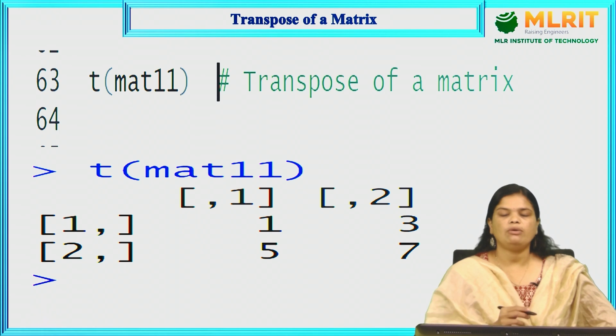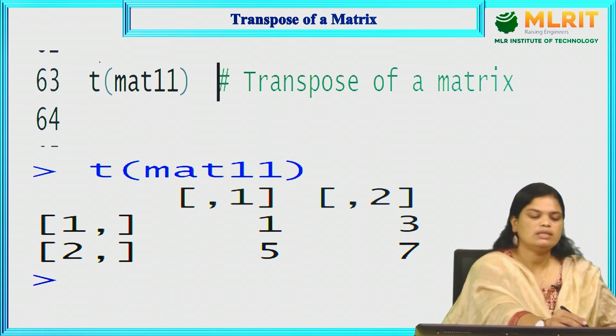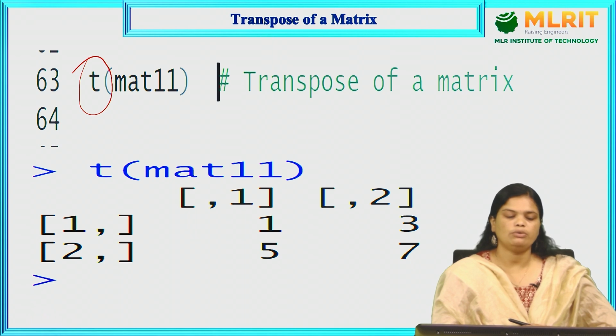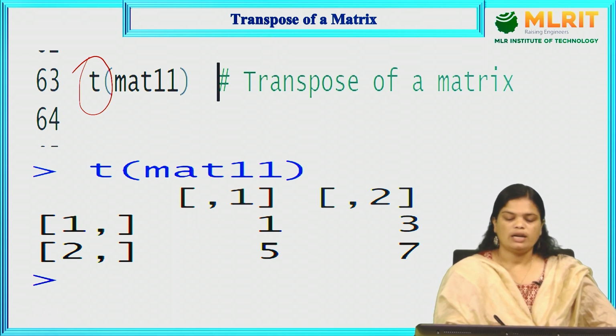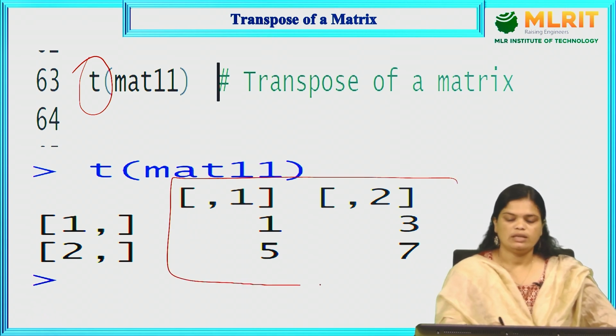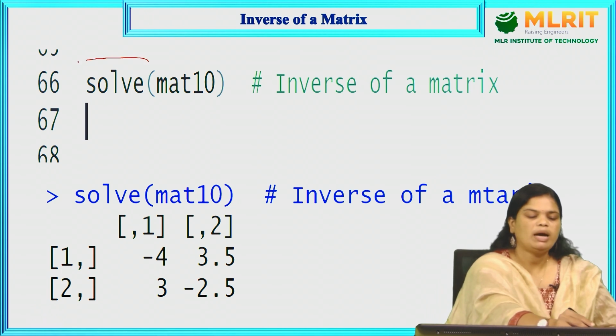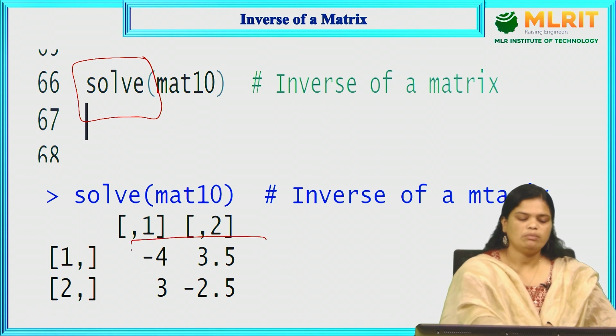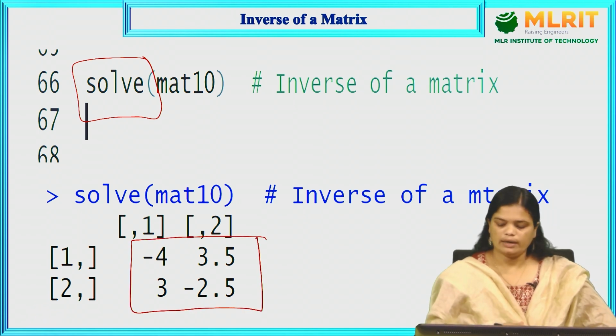We can have the transpose of a matrix. t is the built-in function we have to use, and the transpose of the matrix will be displayed. To find the inverse of the matrix, we have the solve built-in function. So the inverse of the matrix will be calculated and printed.